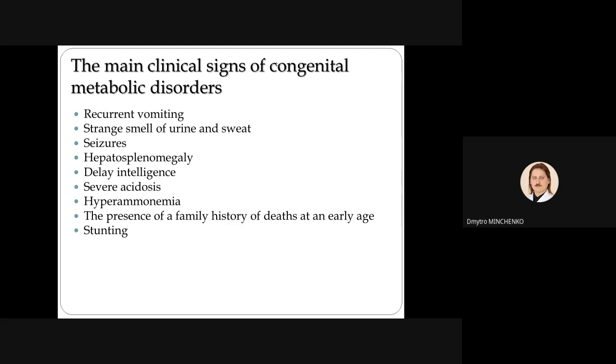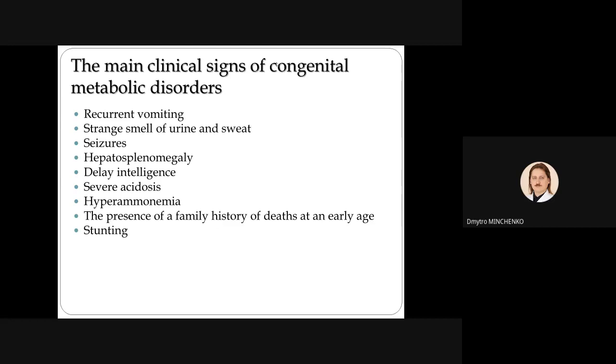These include recurrent vomiting, especially in the absence of signs of intoxication or the possibility of any kind of intestinal infection, quote unquote food poisoning. Strange smell of urine and sweat. There are certain diseases that have a very specific smell of urine, in fact referred to as maple syrup urine disease.